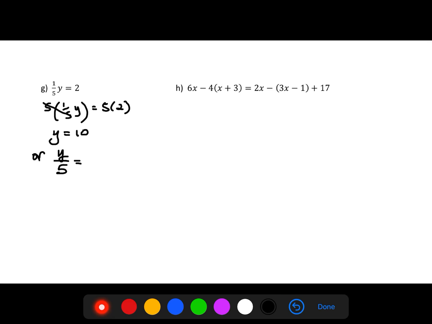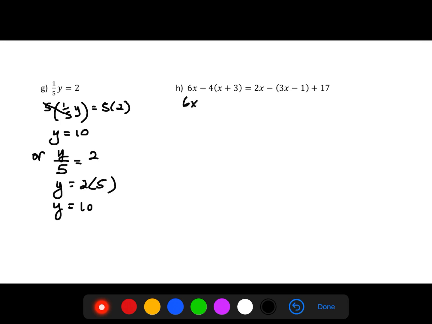We also know that 1/5 y is the same as y over 5, because multiplying, we multiply our numerators, multiply our denominators. y is the numerator of a y over 1 fraction. So again, that just simply means if we're going to move our 5 to the other side, we still get y equals 10.